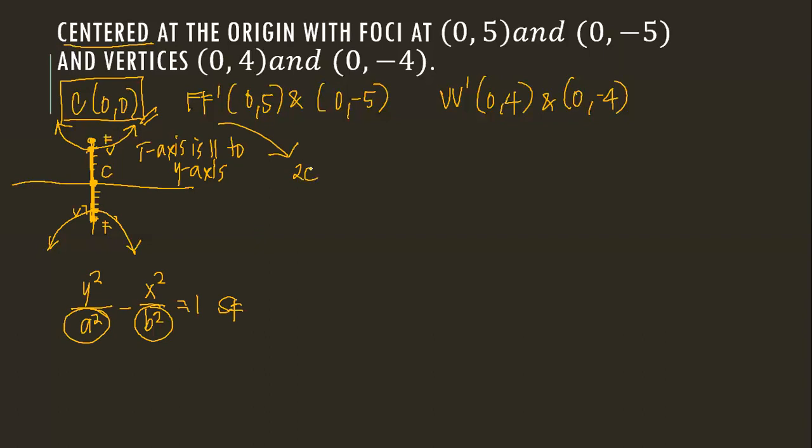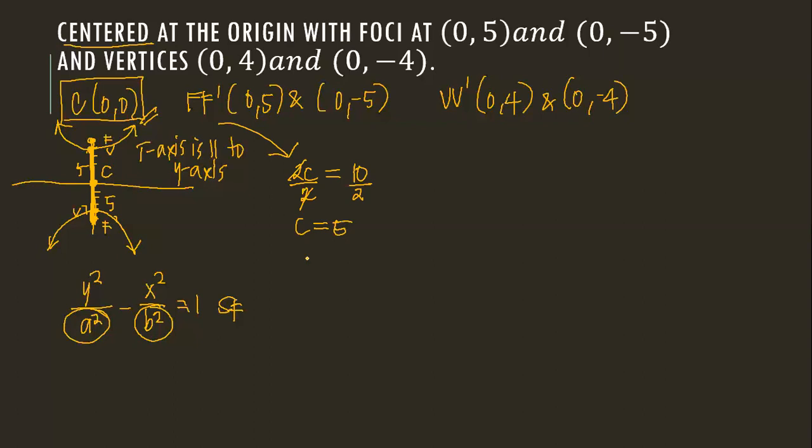From F to F prime, that is 5 units from the center and 5 units from the center, so that is 10 units. From the center to F is 5 units, and from the center to F prime is also 5 units. So 5 plus 5 is 10. Divide both sides by 2, so our c is 5.